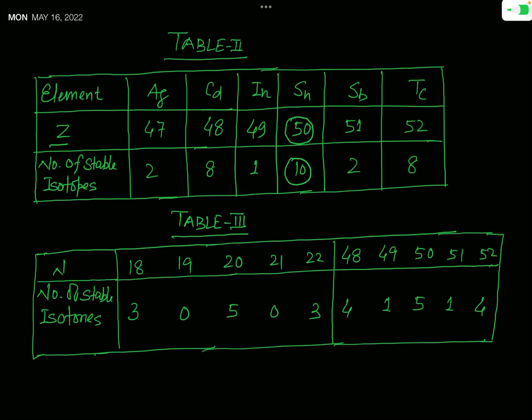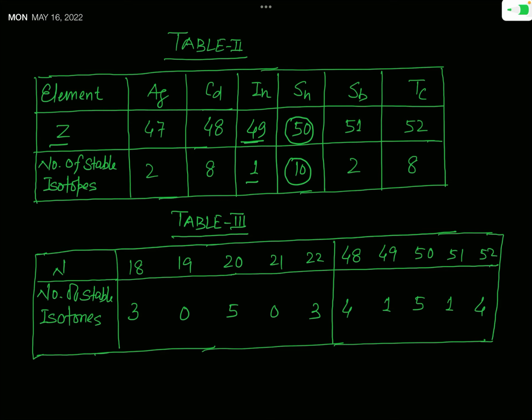But when you compare the number of stable isotopes for the neighboring nuclei of this magic nucleus, you will find that it is much smaller. You can see that a nucleus having proton number 49 has just 1, which is much smaller than 10.